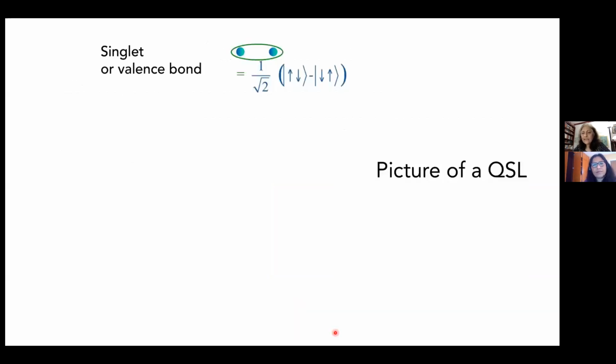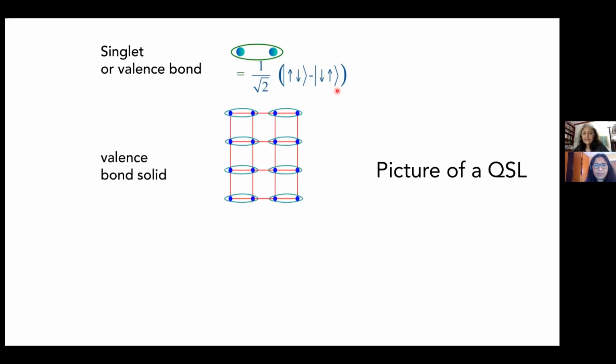So before I get into my talk, it might be useful to just have a picture of what a spin liquid looks like. So if I take two spins, rather than organizing themselves into a product state, they form a spin singlet at the most elementary level, which is an entangled state. And these entangled states could just organize as a solid and break translational invariance.